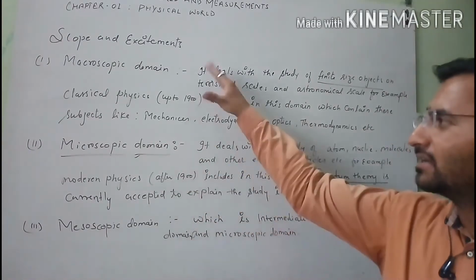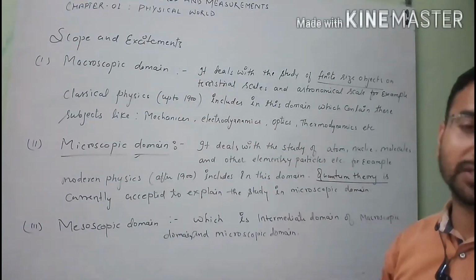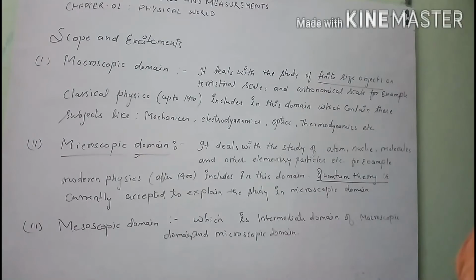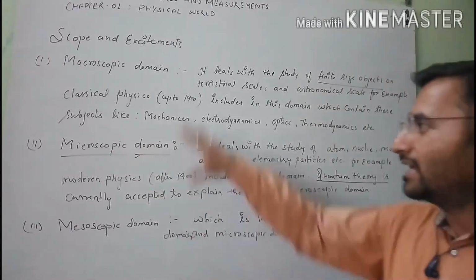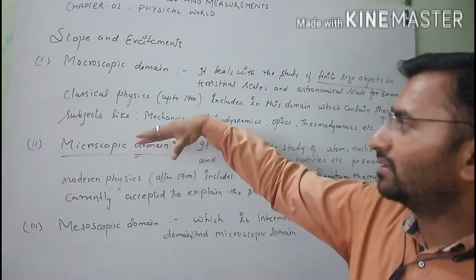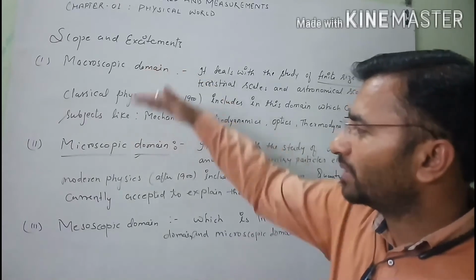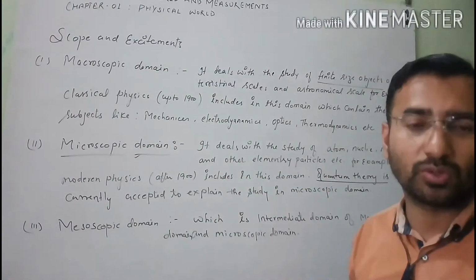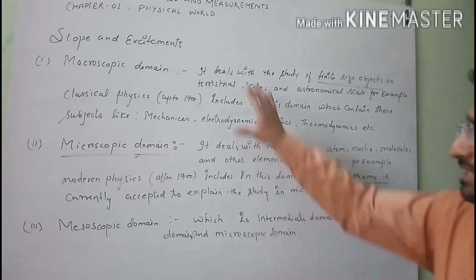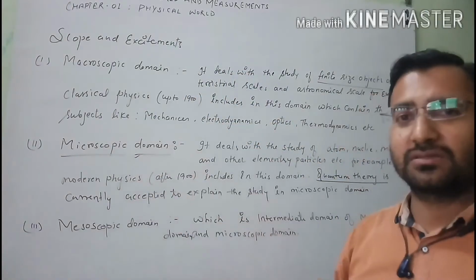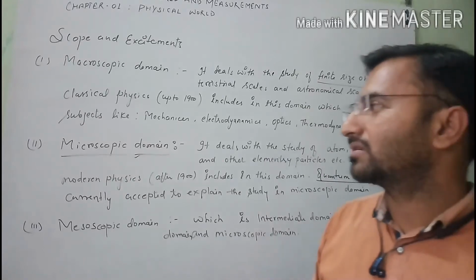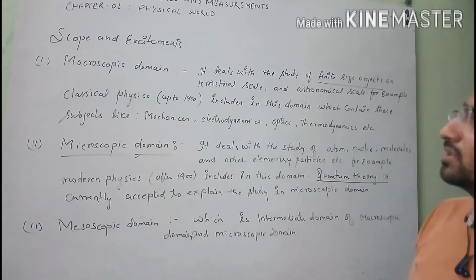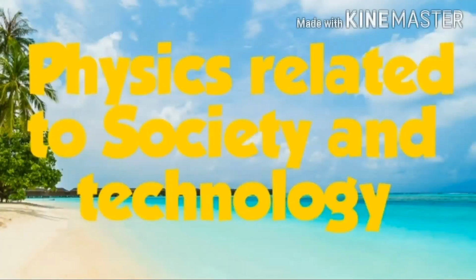And after these two discussions, at last we'll see the topic mesoscopic domain, which is an intermediate domain between the macroscopic and microscopic. So the main are these two domains. Clear, students? So after that we will see the next topic.